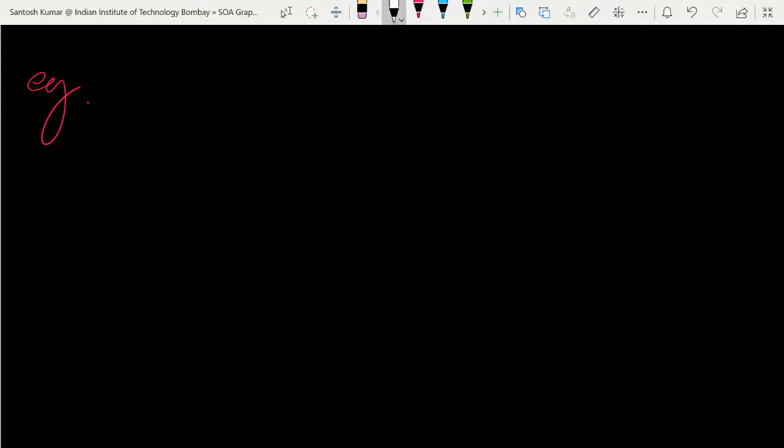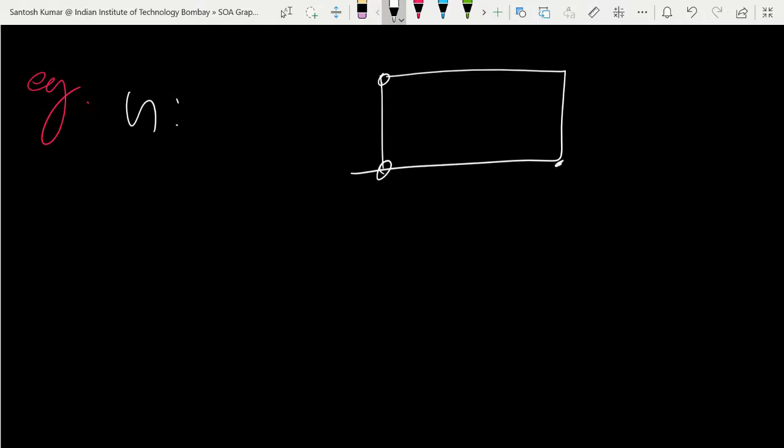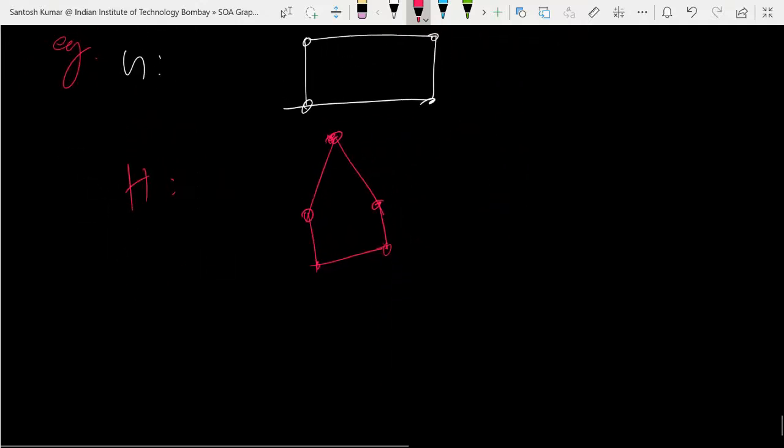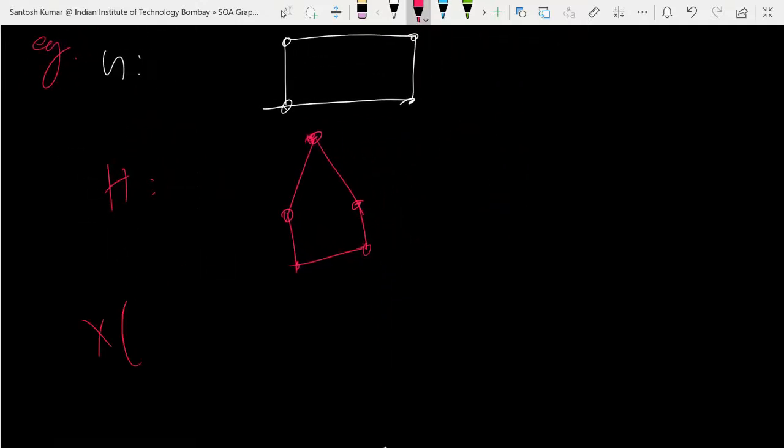Okay. So like G, you say this one. And H you say, let me call it this. Now you find G join H and its chromatic number.